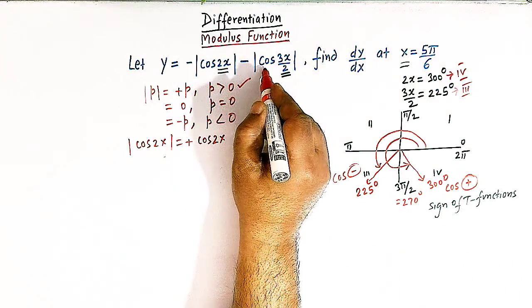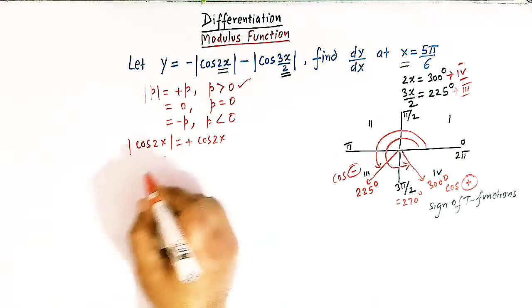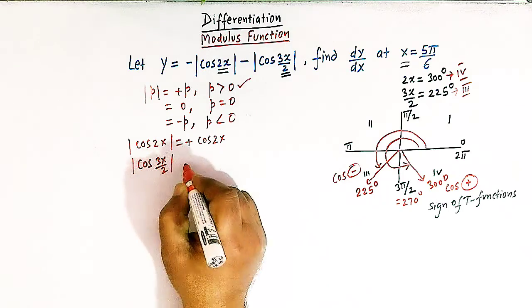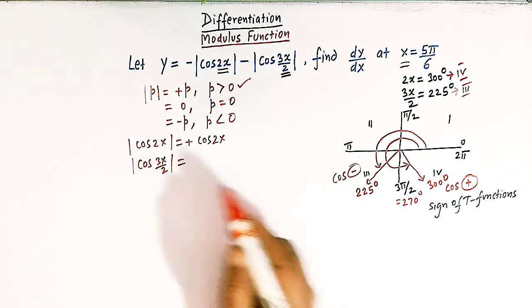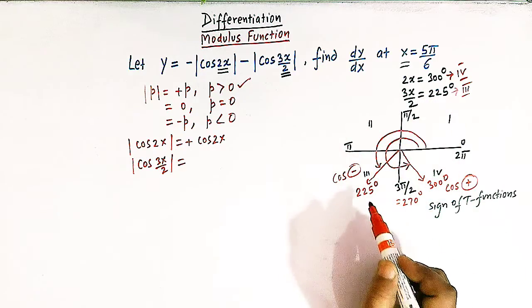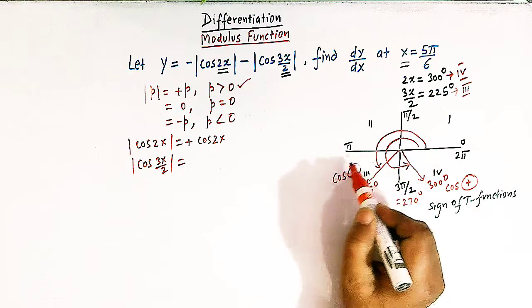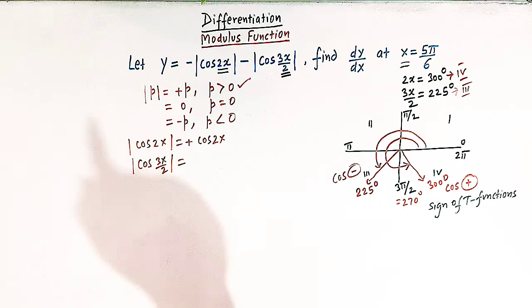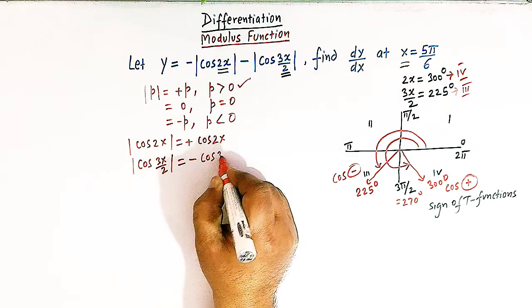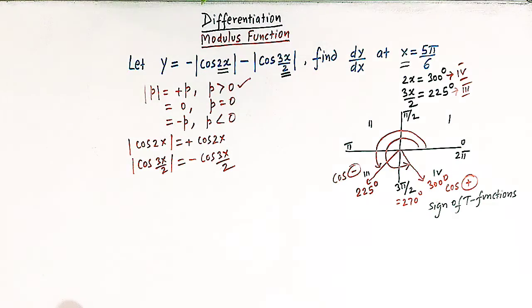And if we take the second function, that is the mod of cosine of 3x over 2, then this angle 3x over 2 is 225 degrees, and it lies in the third quadrant, and in the third quadrant the cosine function is negative. So we can now write negative cos 3x over 2, right?